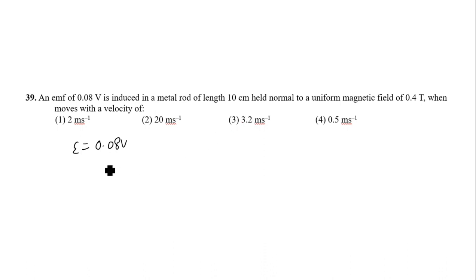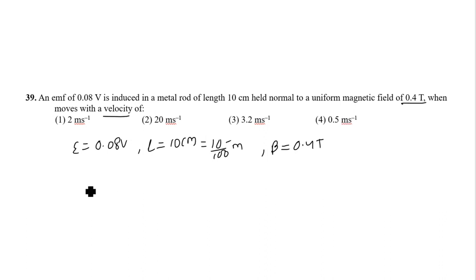Length L is 10 centimeter, so first we have to convert this into SI unit, so it becomes 10 by 100 meter. The magnetic field B is given as 0.4 Tesla, and we have to find its velocity.